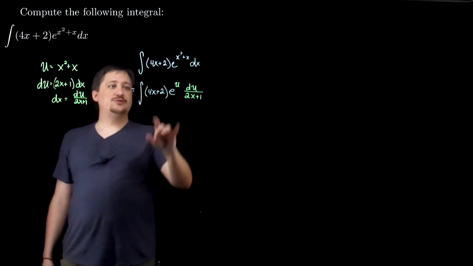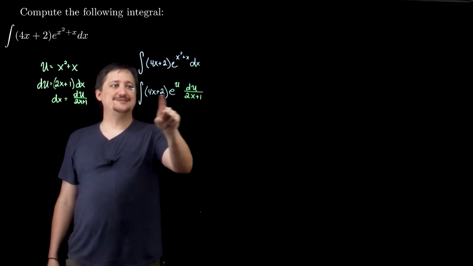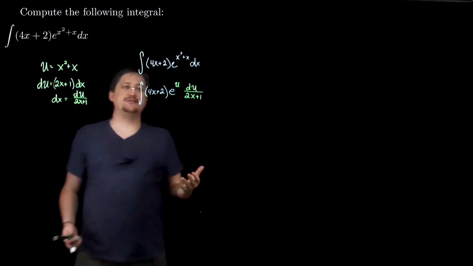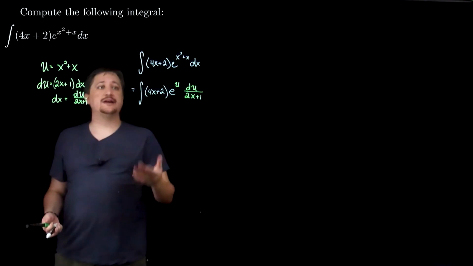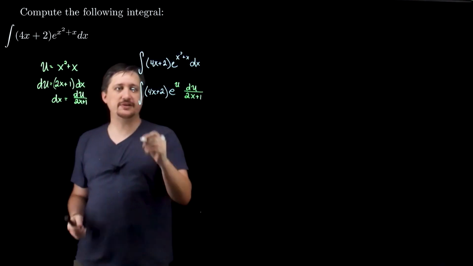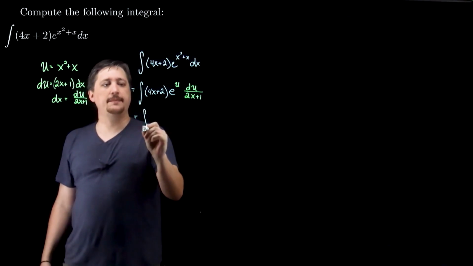And now the hope is that I can use the two things of x's to cancel each other out in some way. These aren't quite the same, but they're close. I can pull out a 2 here, and that should make them basically the same. That's the hope. So I'm going to try that.